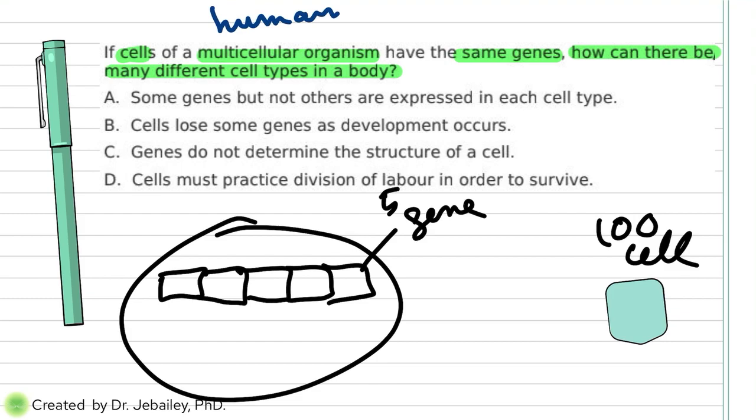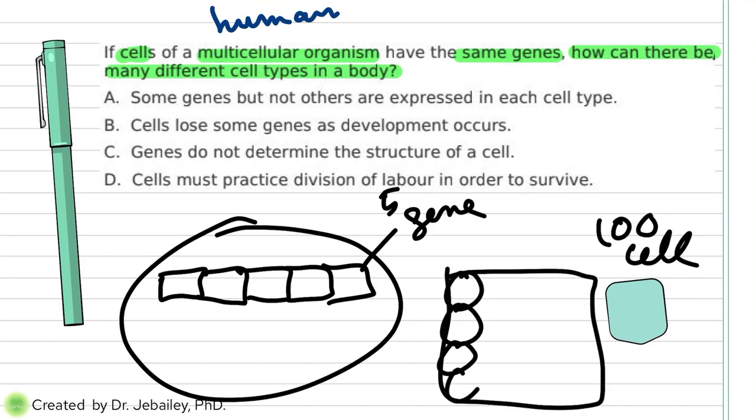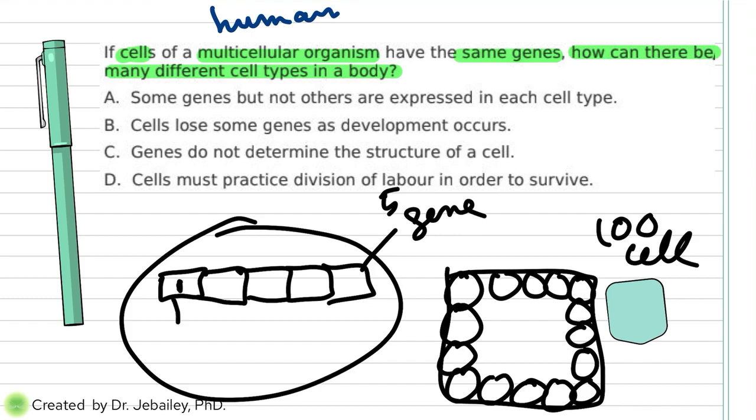So, for example, let's say you have a box here, and you have cells on the outside. If these cells are located on the outside, on the corner of the box, then gene number 1 will be expressed, and you will make a specific protein. Remember, all of these guys have these 5 genes, the exact same thing.